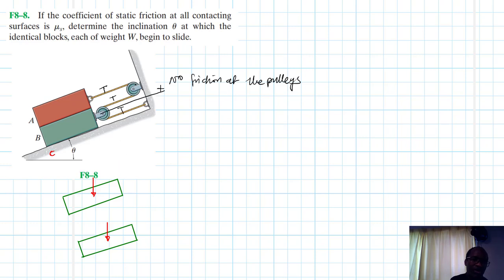So here you are going to have 2T, while here you have just 1T, right? Is that fine? Of course. Great. Okay, so we are saying here we are going to have just 1T, then here we'll have 2T.